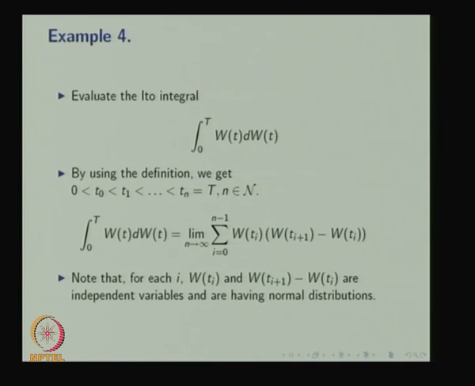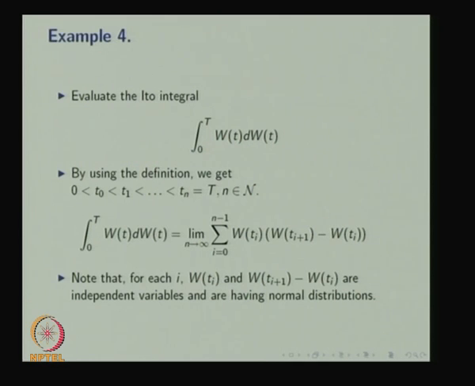For each i, in the limit as n tends to infinity of the summation, we have W at the point t_i, and W of t_(i+1) minus W of t_i. These are non-overlapping increments, so the increments are independent.